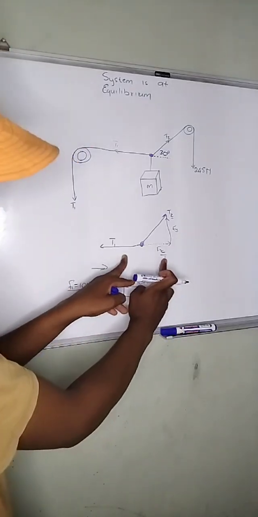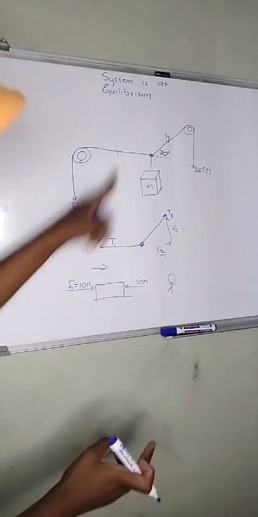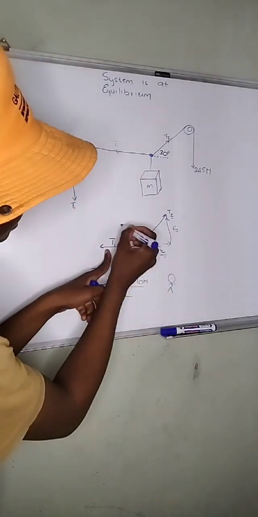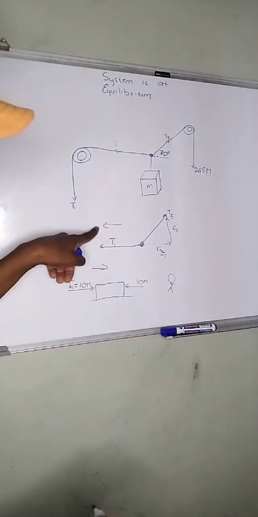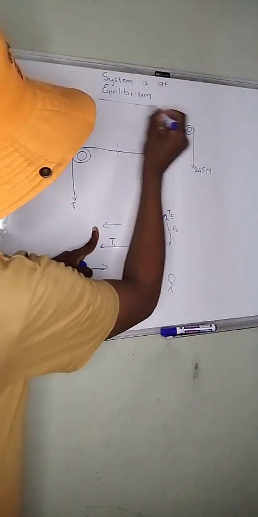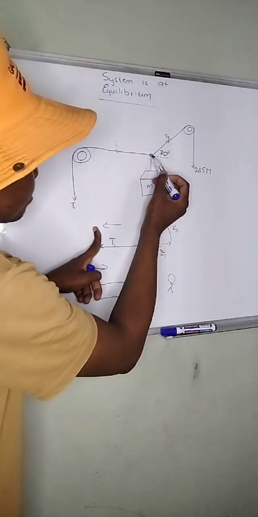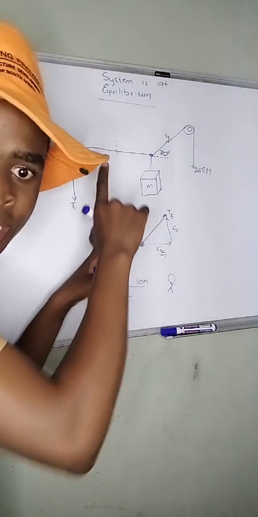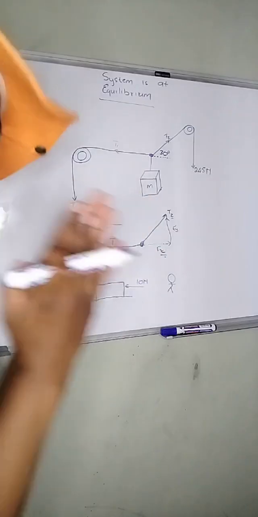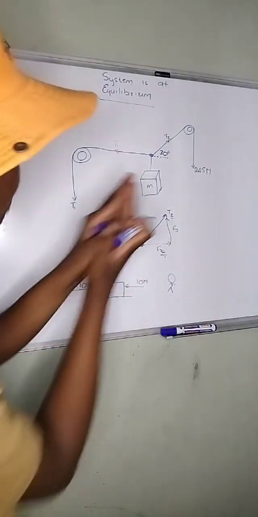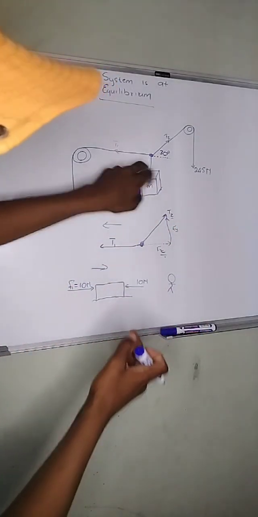Same applies here, right? We have this T1 being pulled in that direction, but we are told that this system is at equilibrium. It means that point remains in the same position.